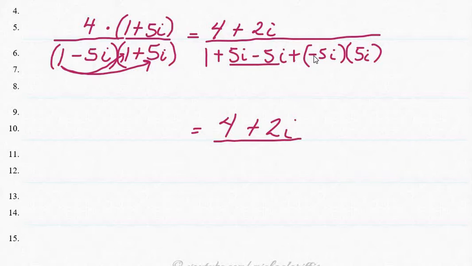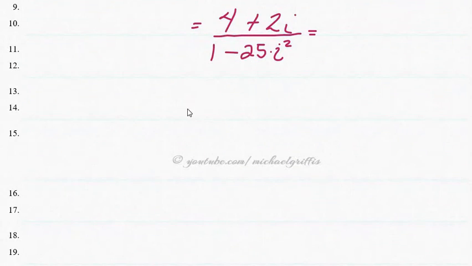Now, you have a negative times a positive, so this is going to be negative 5 times 5 is 25. And i times i is i squared. Are we done? Not yet. Actually, let's just write this down below. We got plenty of paper.